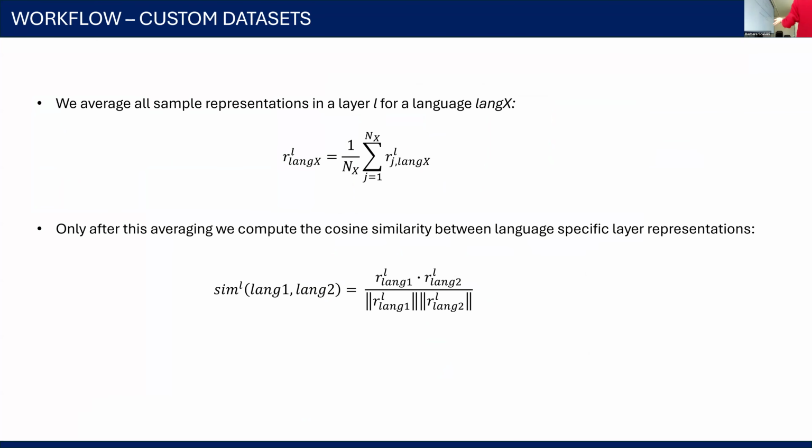For non-parallel datasets, basically, we just average all the representations over one language, because it wouldn't make sense to compare one sentence in one language to one in another language that means something completely different. But basically, the pipeline is the same. It just changes when we are averaging so that we get just one identifier.